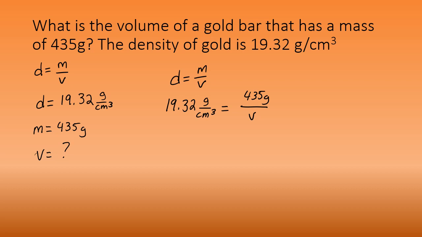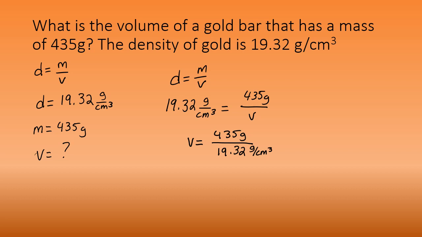Now we have to do some algebra to solve for the unknown volume. To solve a problem like this, you simply switch the numerator and what is on the other side of the equals sign, so the new equation becomes volume equals 435 grams divided by 19.32 grams per centimeter cubed.